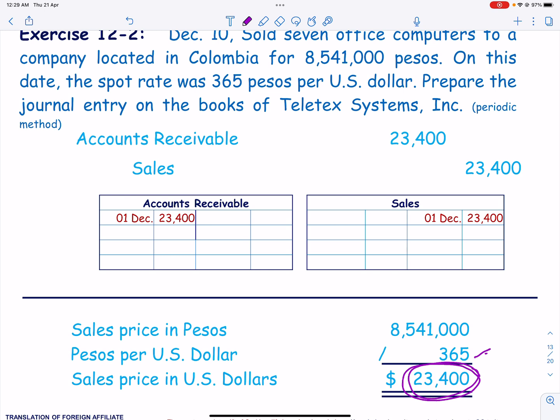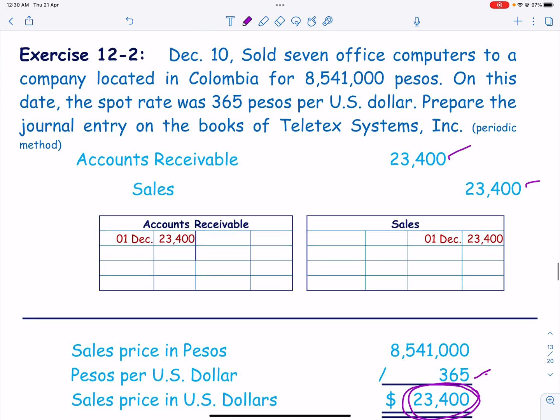So the journal entry is account receivable is debit and sales is credit by 23,400, and I have already made a T account for the accounts involved over here. The transaction was on December 10. So the amount is 23,400 for the receivable, and for the sales it is in the credit for 23,400.